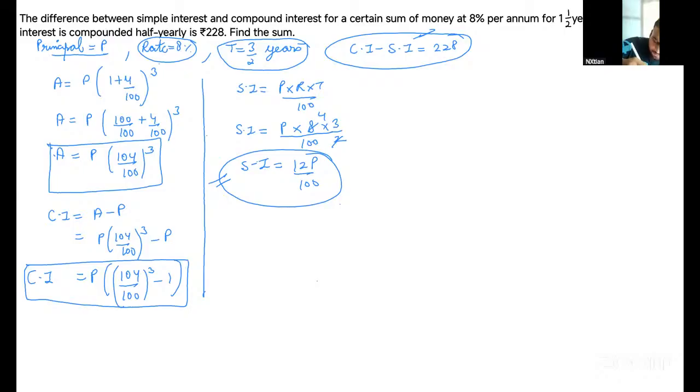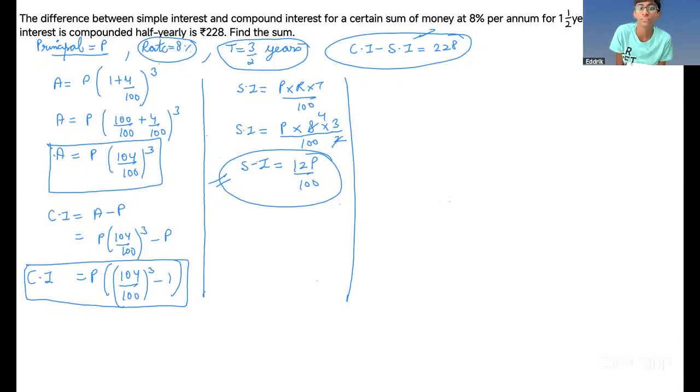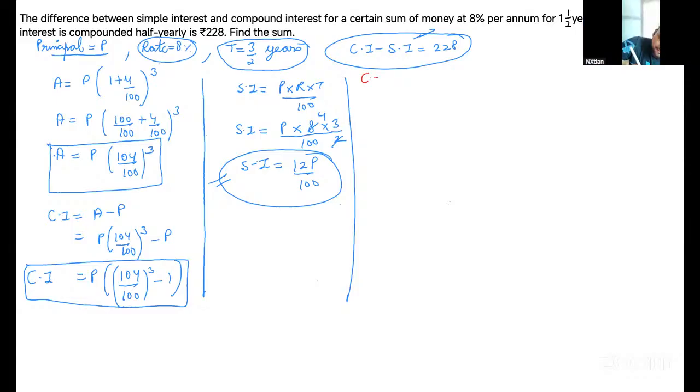Now, I know that compound interest minus simple interest is 228. Now, what is compound interest? 3 into 104 by 100 cubed minus 1, then minus 12P by 100 is equal to 228 rupees.